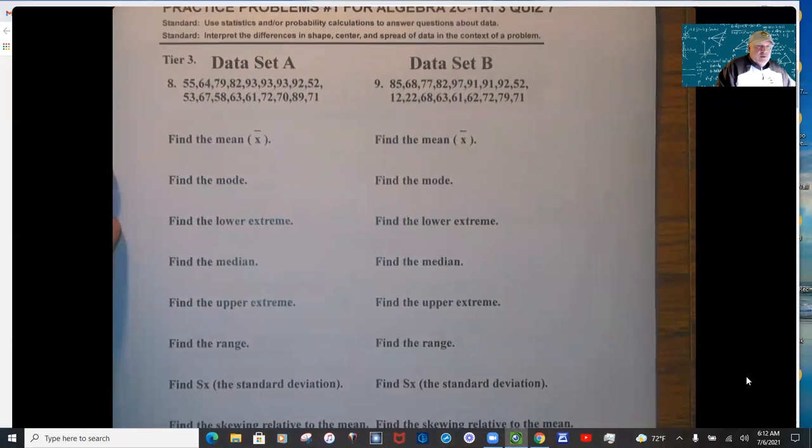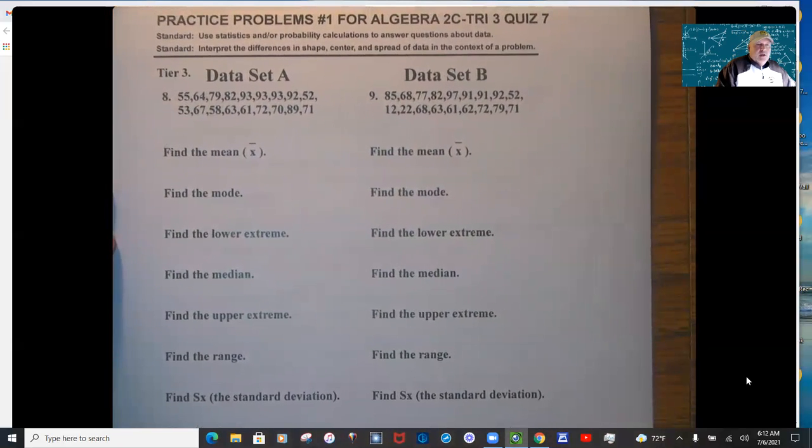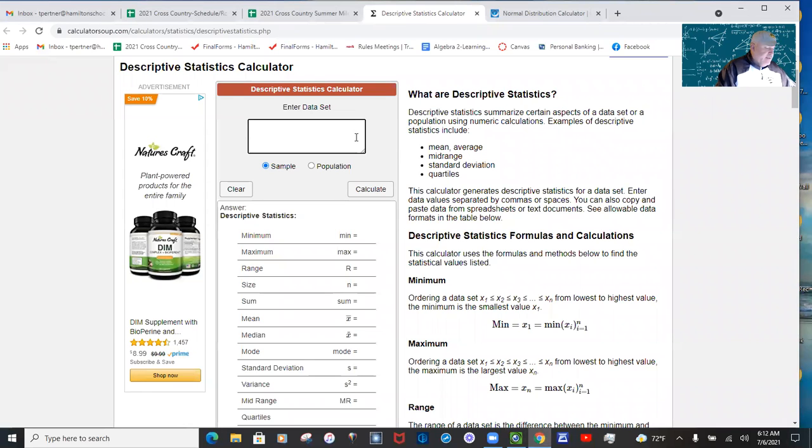Okay, data sets and calculating these. You need to go to Calculator Soup and enter the sets of data. I'm going to do this one time and then rapidly write in the results.